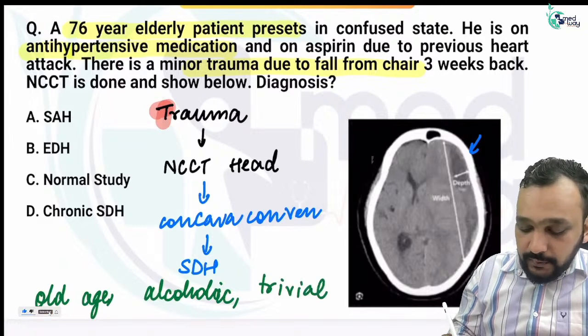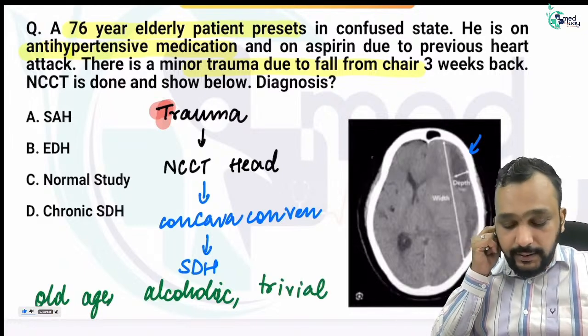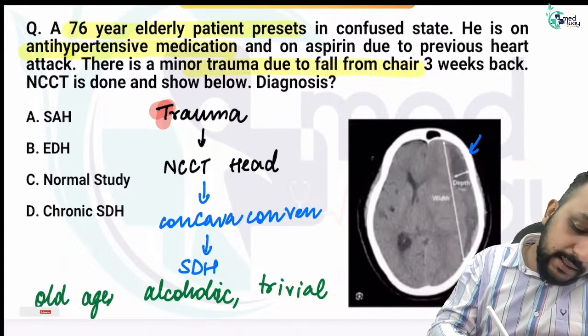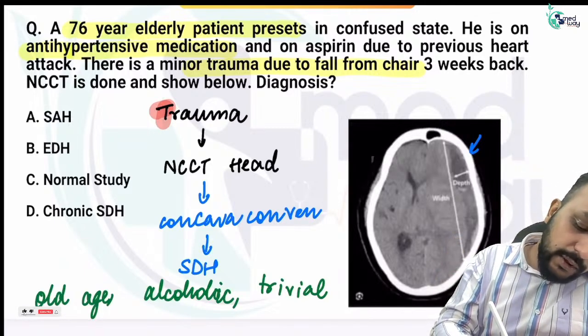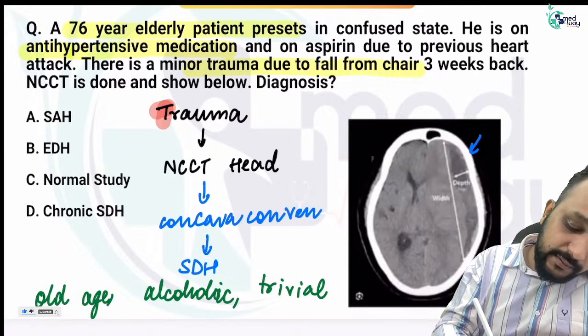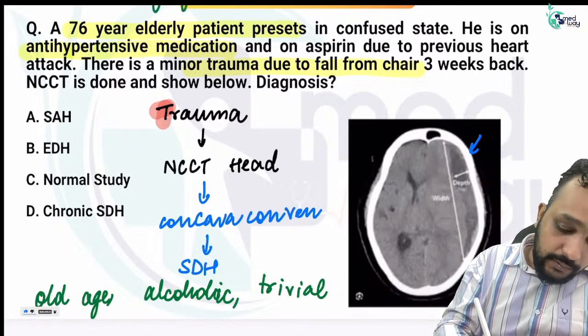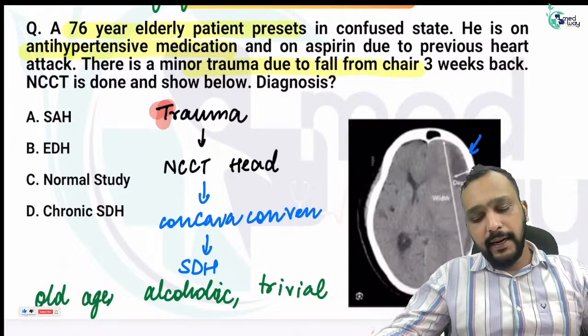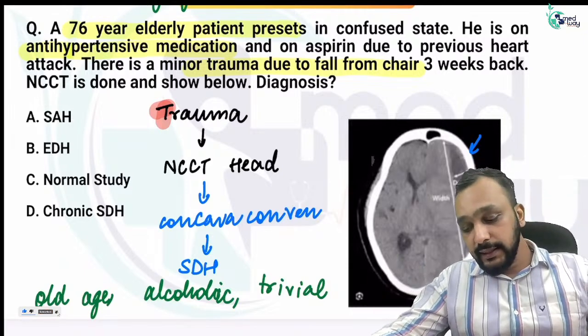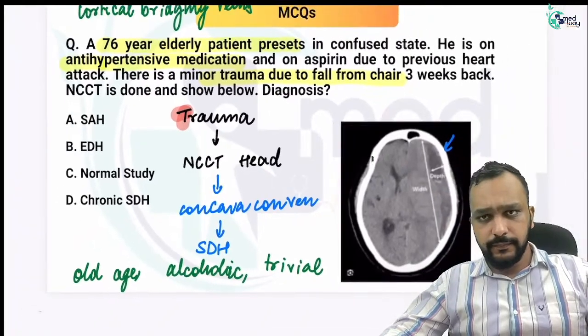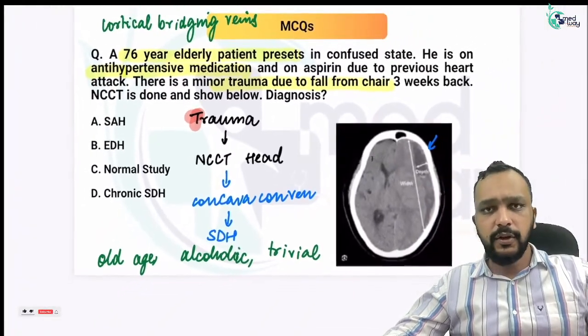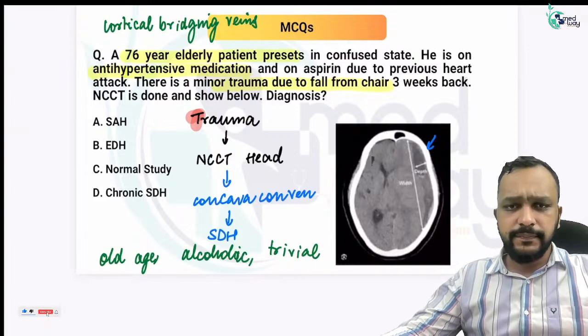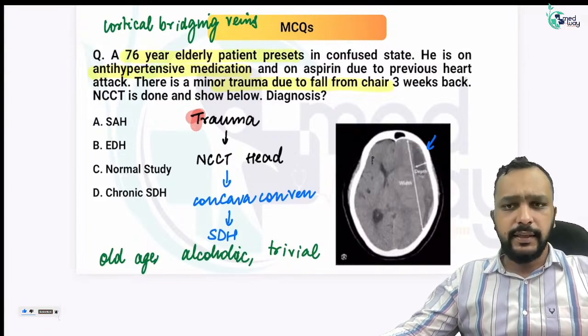Even a minor traumatic injury causes rupture of cortical bridging veins. In old age patients, these veins are already stretched out, so they are very prone to rupture, and even a minor trauma to the head results in injury to these veins, right?